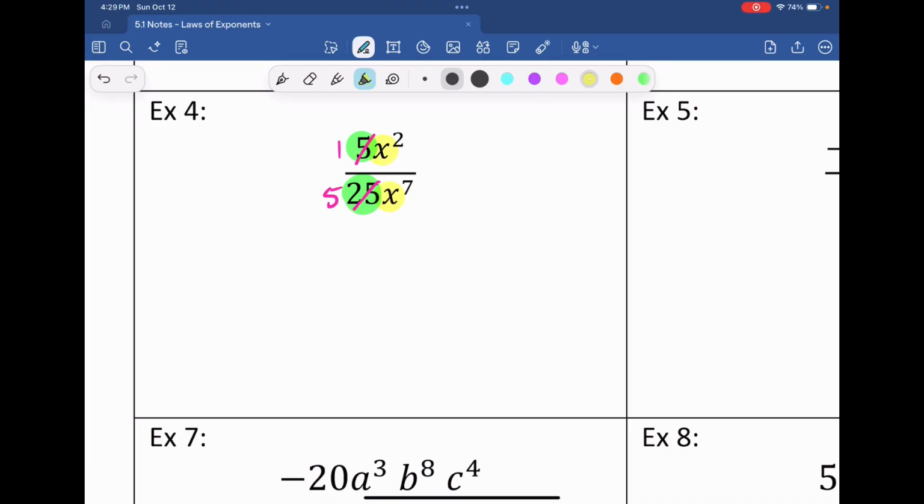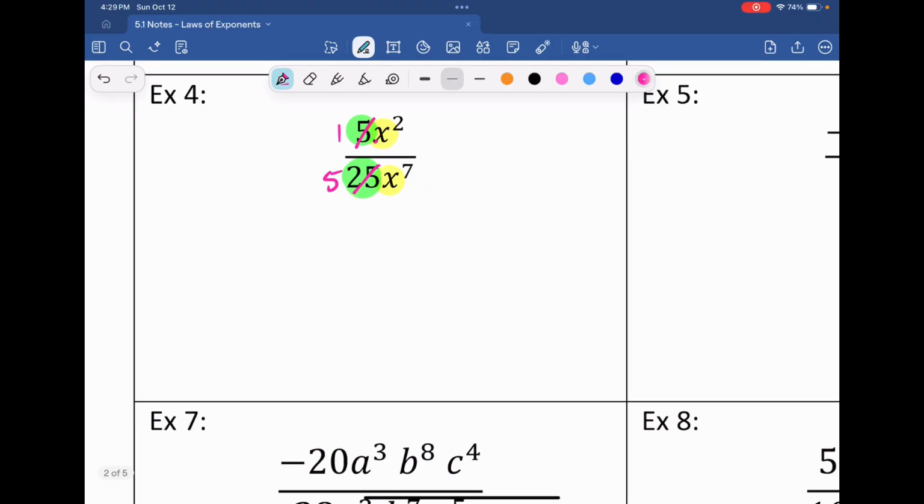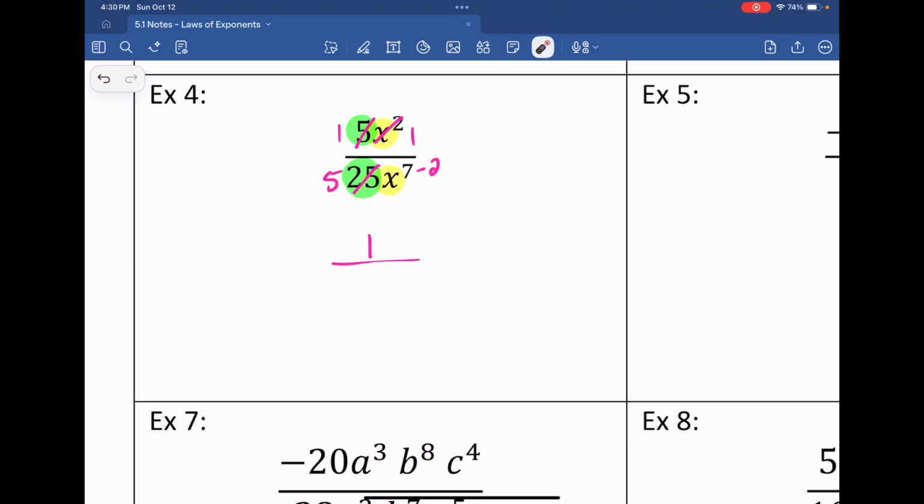So divided by the same base, you subtract your exponents. 2 is the smaller exponent. So bring it down. It was positive. Now you're subtracting. So what's still left in the numerator is 1 because you've canceled everything else out. What's still left in the denominator? You have the 5. And then the x to the 7 minus 2. So x to the 5th.